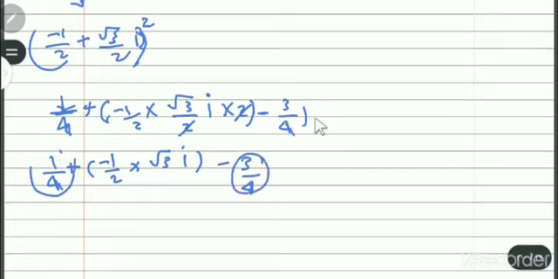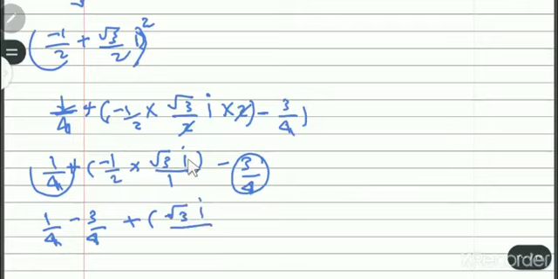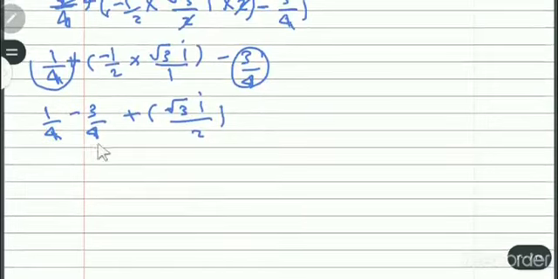This is 1/4 and this is -3/4. Collect them together, and this is a plus, still a plus. Here the denominator must be 1, so -1 multiplied by the square root of 3 times i, over 2 multiplied by 1, which will be 2. Now the denominators here are the same, so write one of them, and 1 minus 3 will be -2.